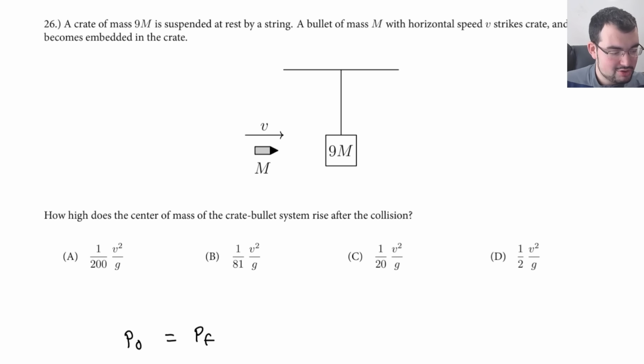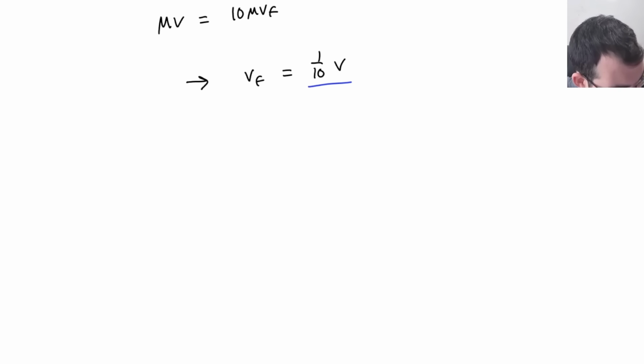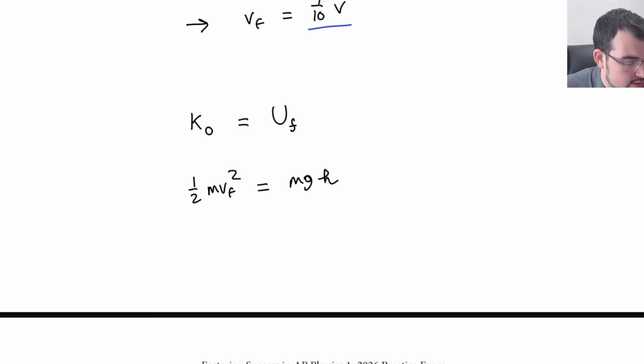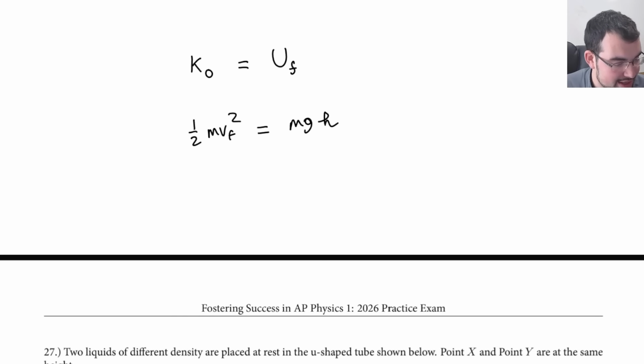And then we just conserve energy now, because the collision is over. The kinetic energy right after the collision is equal to the gravitational potential energy once the system stops. So 1/2 m vf squared is equal to mgh, where m is the system mass.